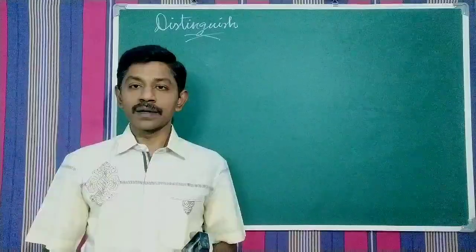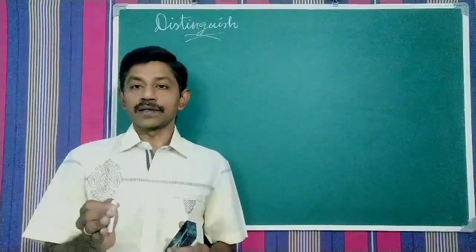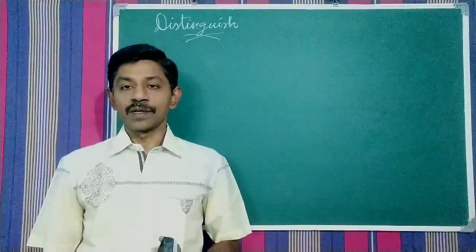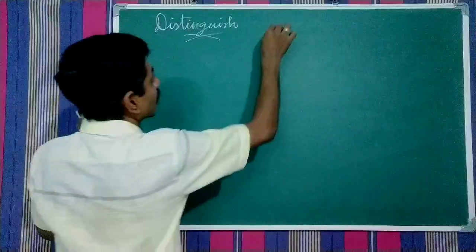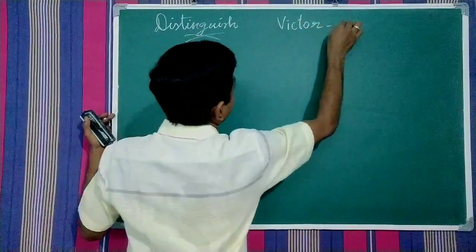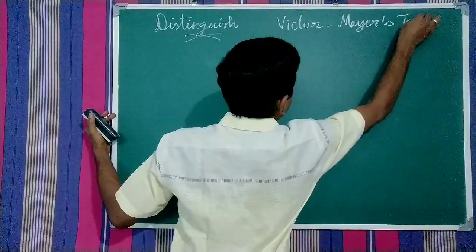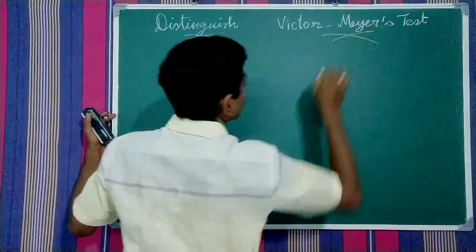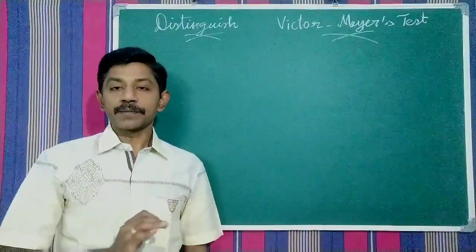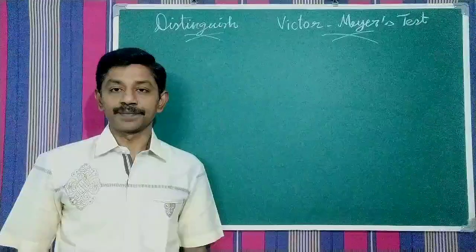The next one will give an interesting appearance of different coloration with the different alcohols. That is a wonderful test called Victor Meyer's test. In Meyer's test, we will be identifying primary, secondary and tertiary alcohol by color.